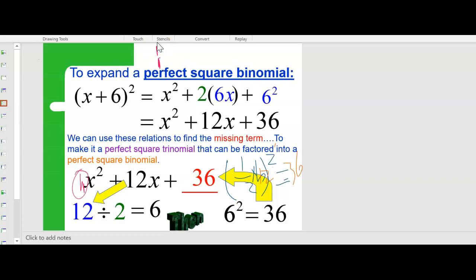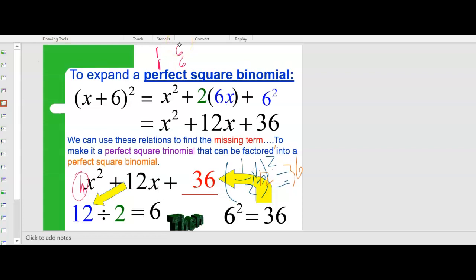Positive 36 is 6 times 6. And let's check it to see if we can get the middle number. So 1 times 6 is 6. 1 times 6 is 6. Add them up is 12, which is what we want in the middle. So you can write your butterfly down.